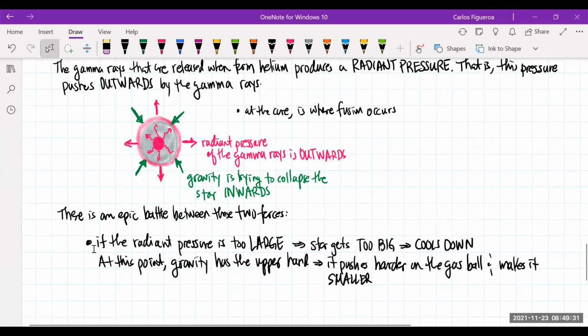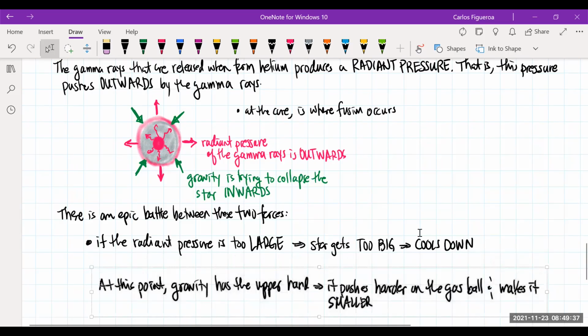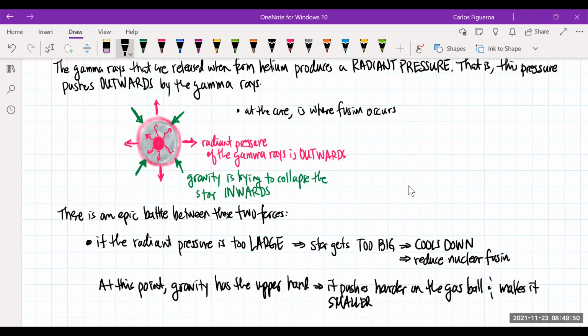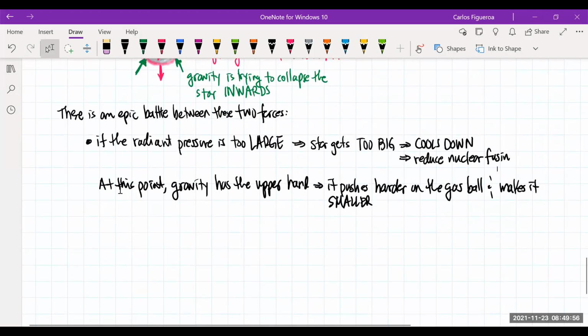I should add something right in here because I think I misled you a tiny bit. And I'm just going to slide this down and I apologize. But if it cools down, then what you find here is that you reduce nuclear fusion, which means that you get less gamma rays coming out to support the pressure here. But then here's this epic battle that I'm talking about.